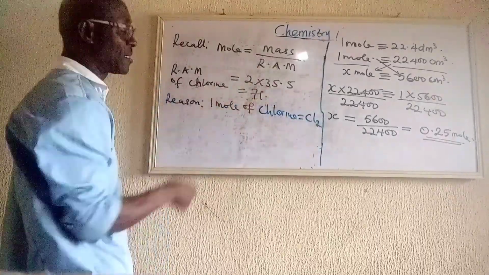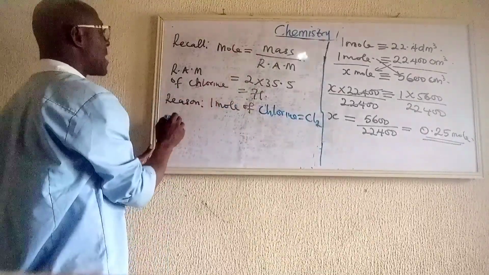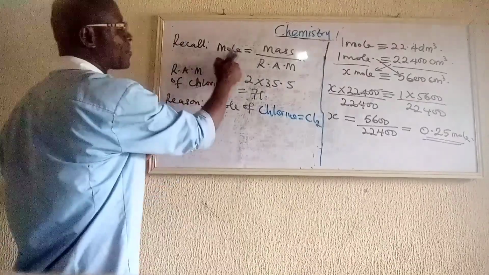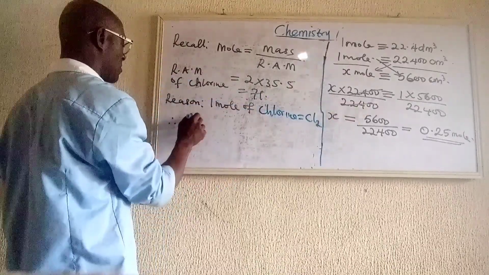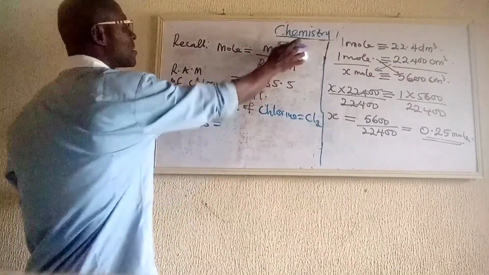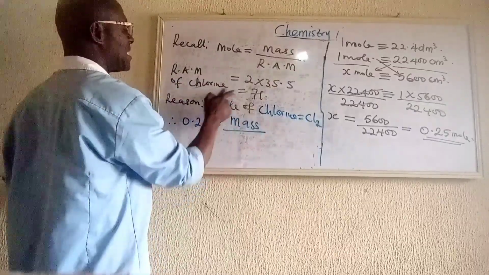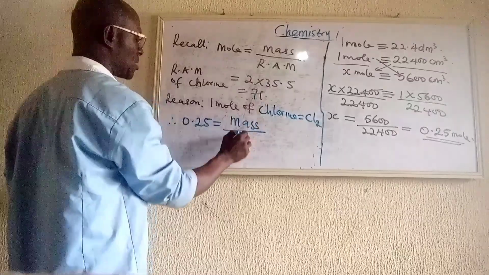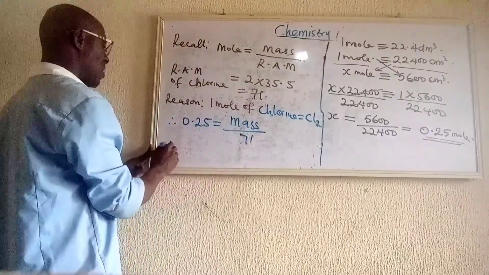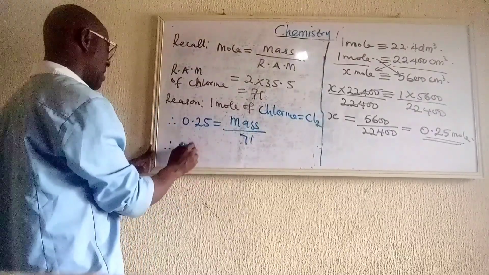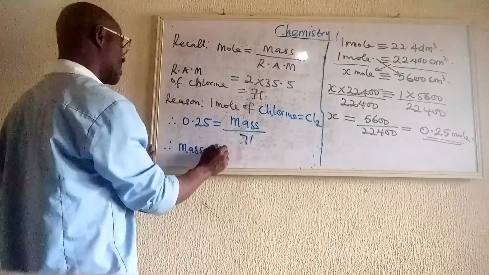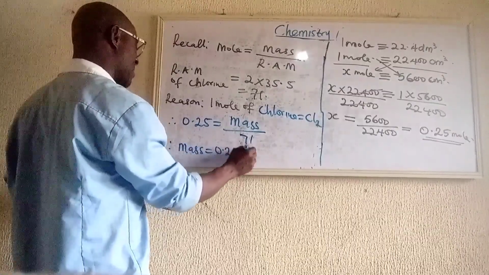So going back here, that means mole, which is 0.25, equals the mass we are looking for over the atomic mass, which is 71. So when you cross multiply, mass will be 0.25 times 71.